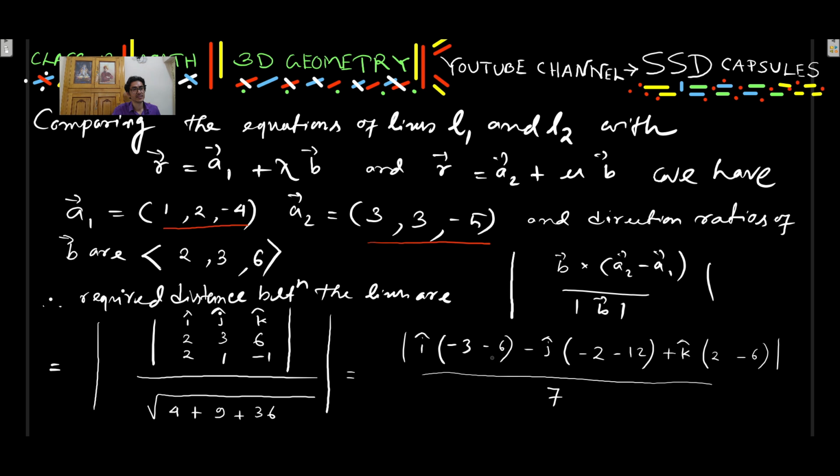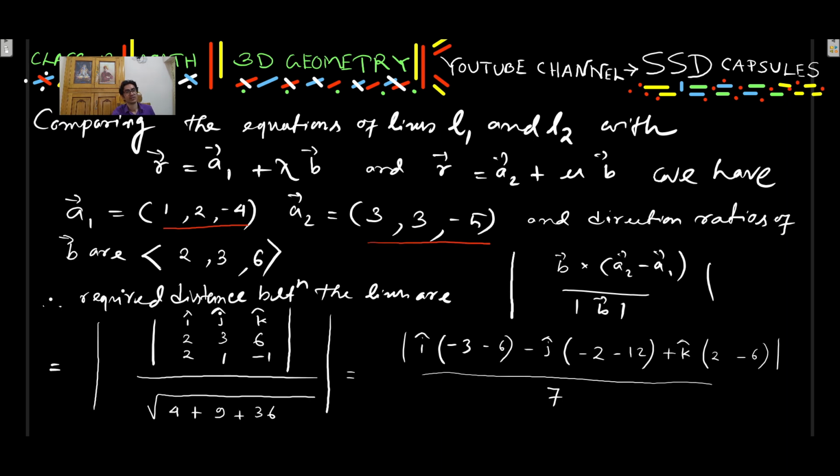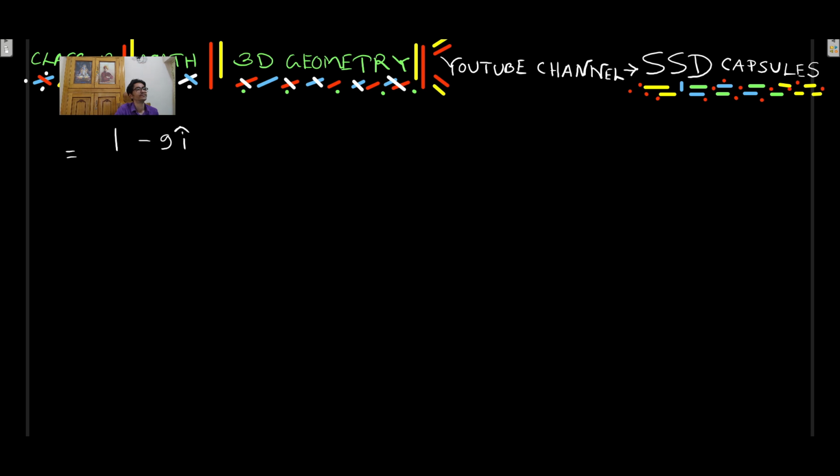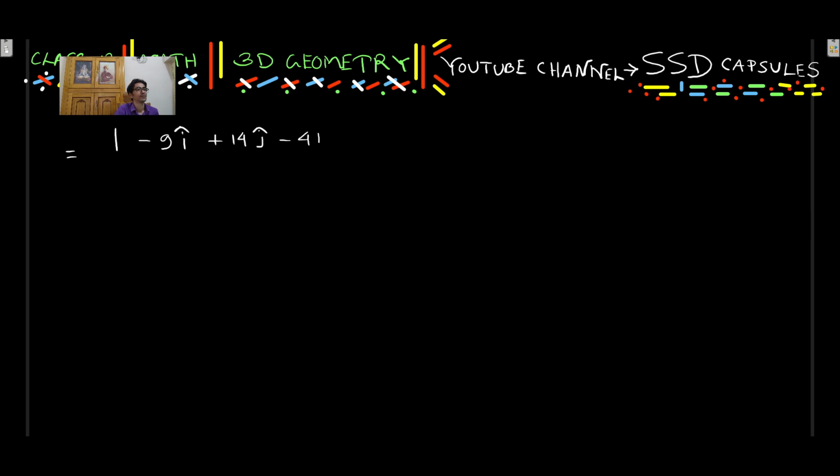So minus 3 minus 6 is minus 9 i cap, minus 2 minus 12 is minus 14, with the minus sign in front so plus 14 j cap, and minus 4 k cap, divided by 7.